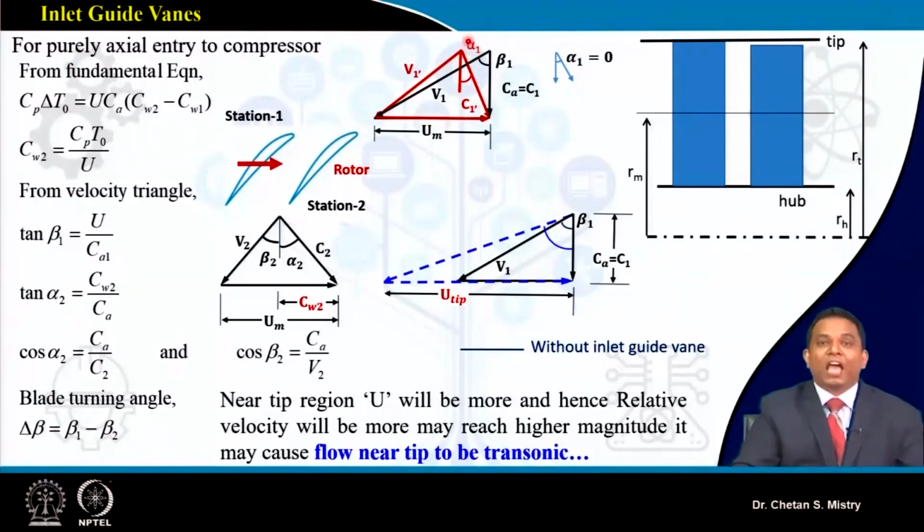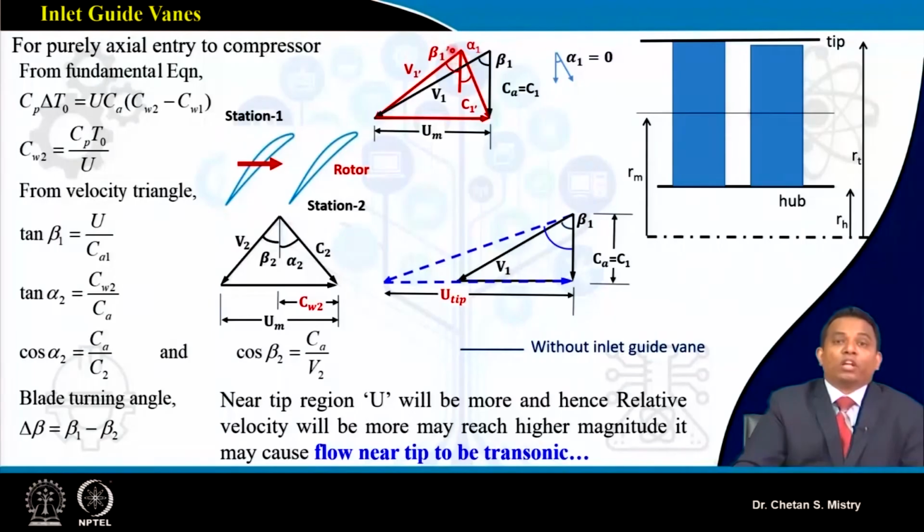Okay. Now when I incorporate my alpha 1, that will give me a change in my beta 1. Now here in this case, we were discussing particularly the selection, whether we will be going with inlet guide vane or not. So let's see what are the implications of that.